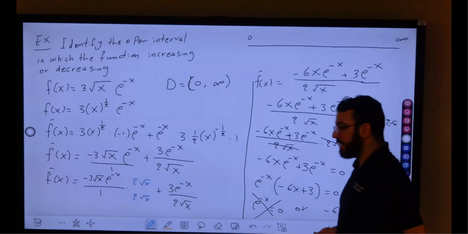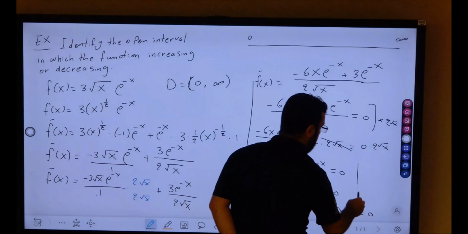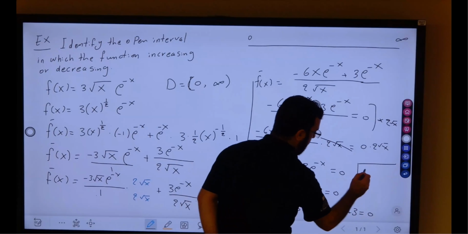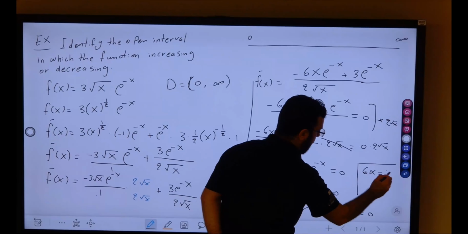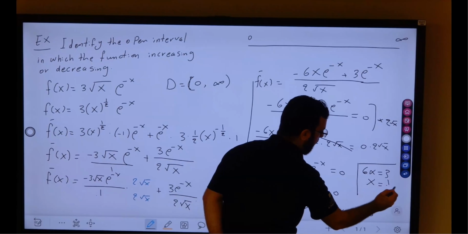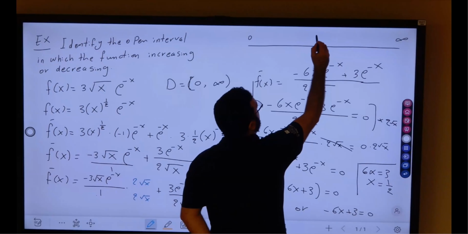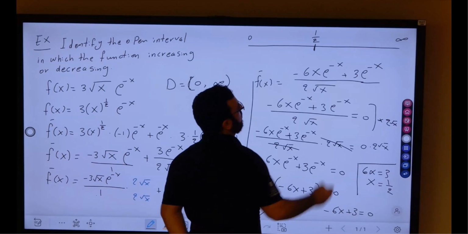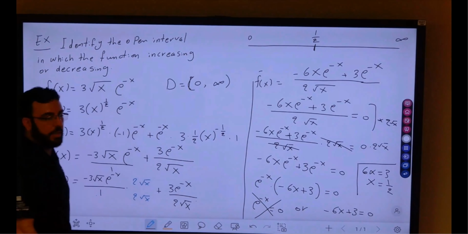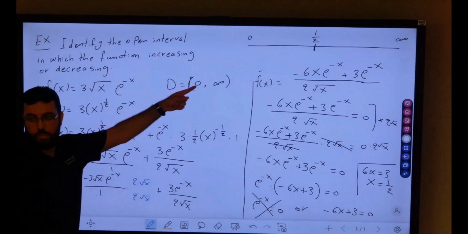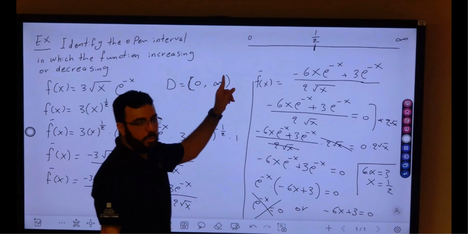I solve on the other side. How much are you going to get for the critical numbers? For 6x equal 3, that means x equals one half. So we have only one critical number. You see, all these steps, there's only one critical number between 0 and infinity.